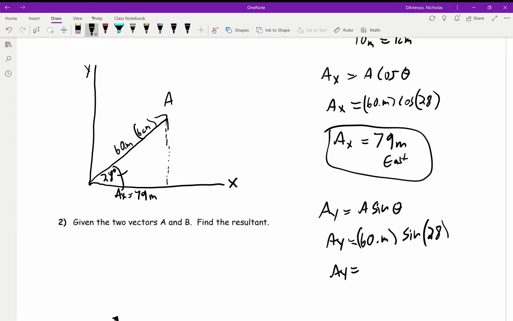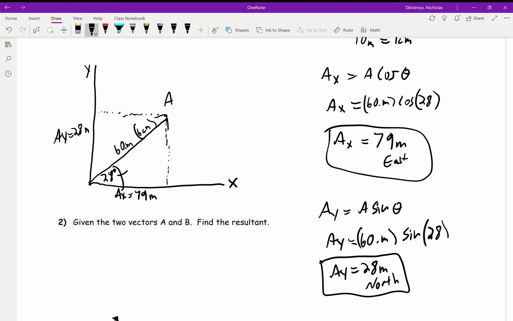This gives us a y component of 28 meters north. And graphically this would look like this. We'd have A of y equal to 28 meters.